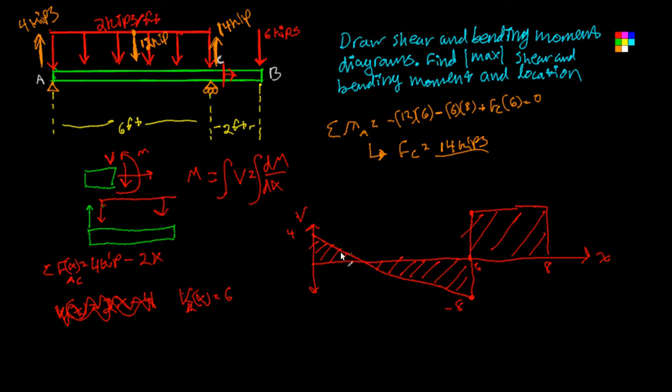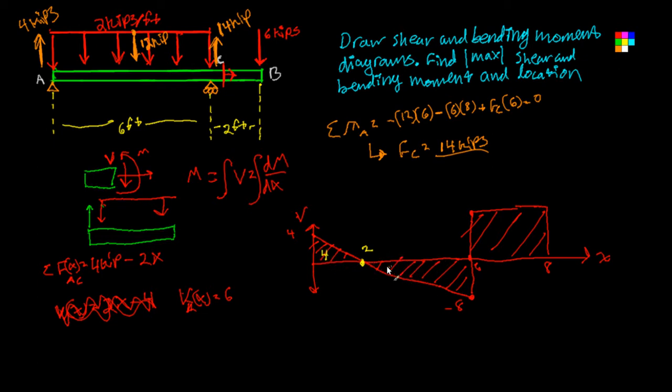So this is 1 right here. So this is 2. Yeah, because 4 minus 2 times 2 is 0. So this is 2 feet. 2 times 4 times 1/2 is 4.